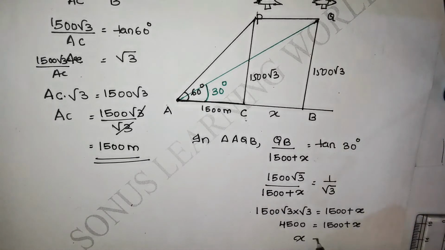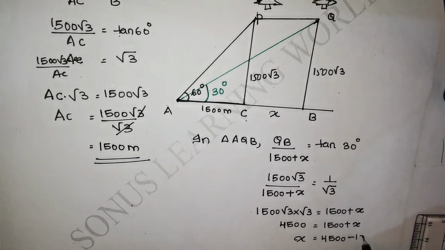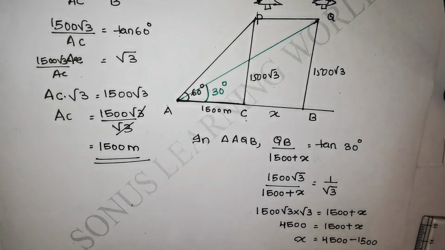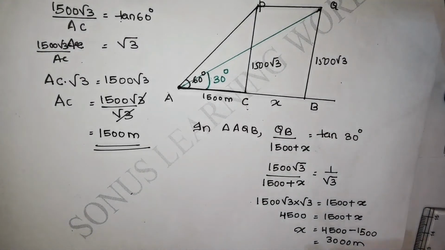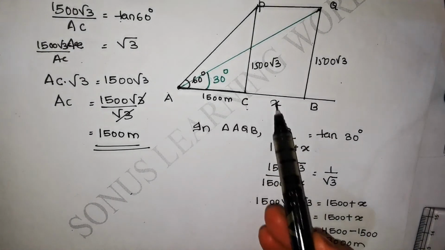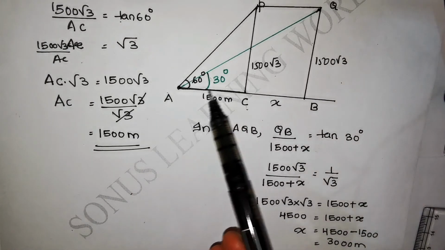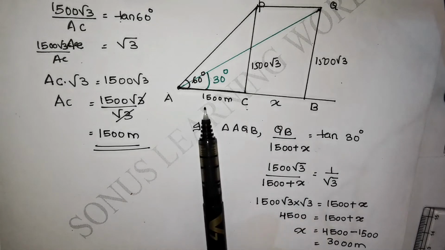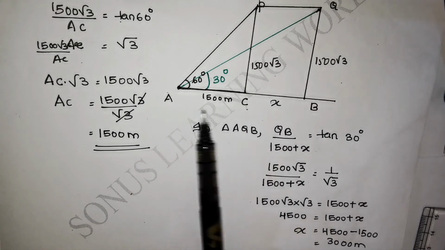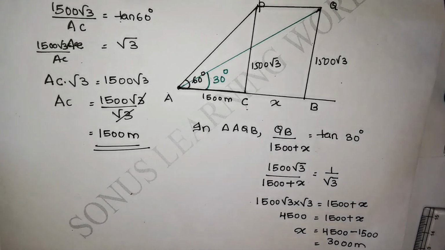So what is the value of x, students? x is 4500 minus 1500. So the answer is 3000 meter. So we got the value of x. This total distance from A to B is 1500 plus x, that is 1500 plus 3000.